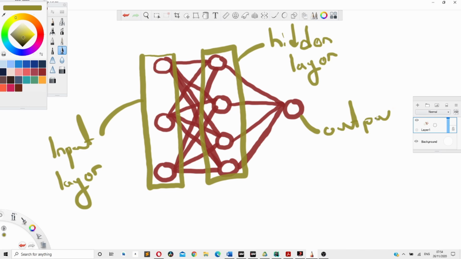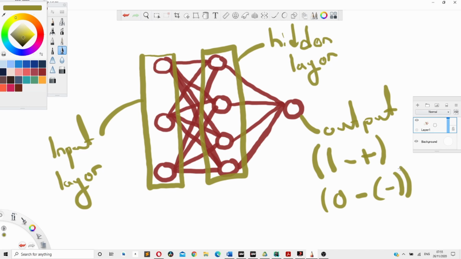In this instance, if we are classifying from a given data set whether someone has a heart disease or not, the output will be 1 if that person is positive for heart disease, and 0 if that person is negative for heart disease. So this is the basic architecture of our neural network.